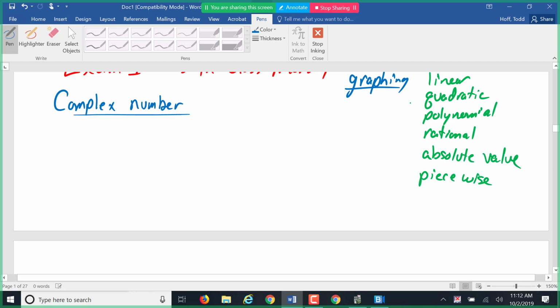You'll be asked to work with complex numbers, perform operations on them, rationalize a denominator using complex conjugates.